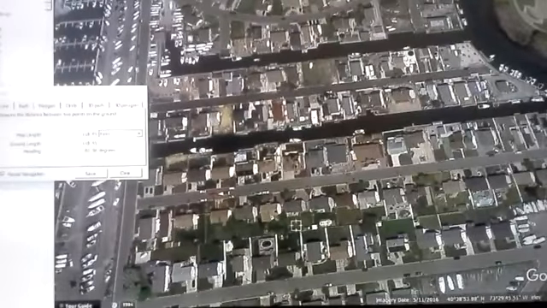When I come in here to these kind of typical lots, center of the road to this split of the lots is 120, 120.